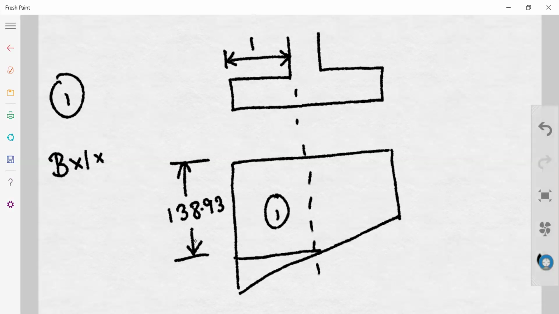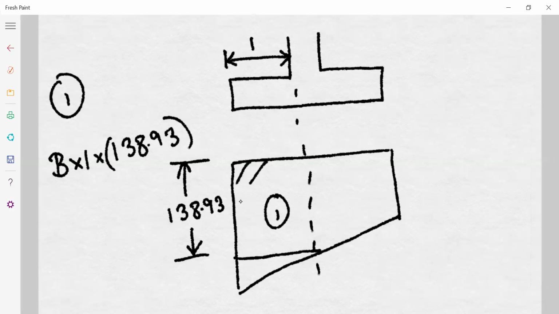Isn't it? 138.93. So we multiply this 138.93. It is constant throughout. 138.93 is constant throughout.